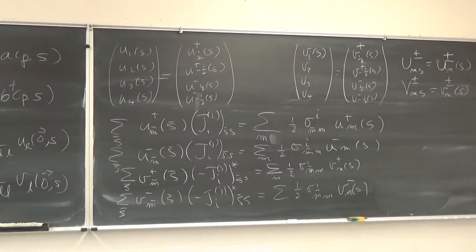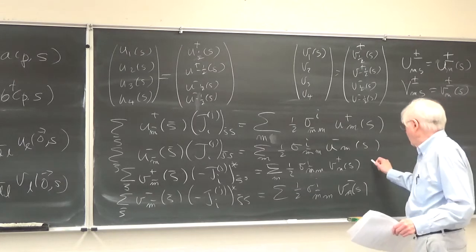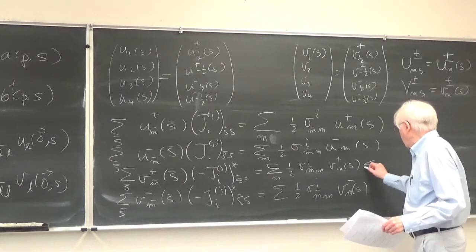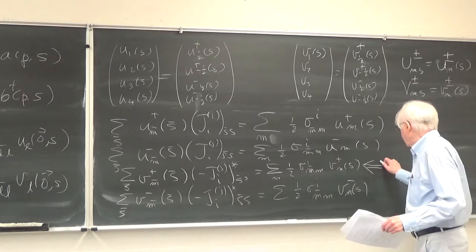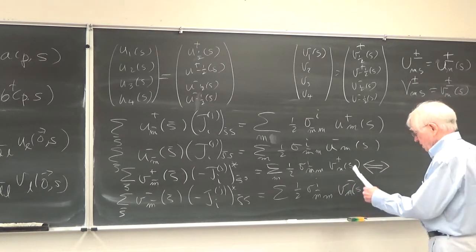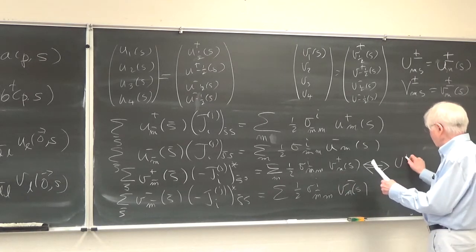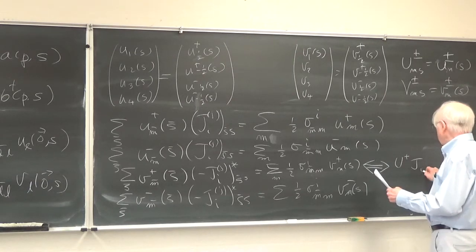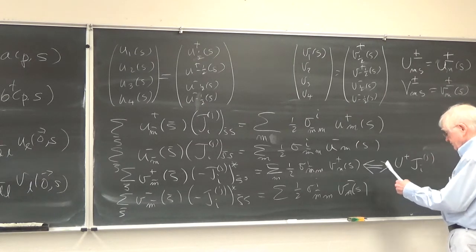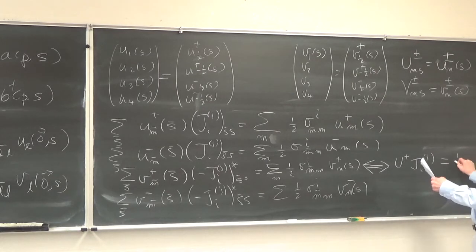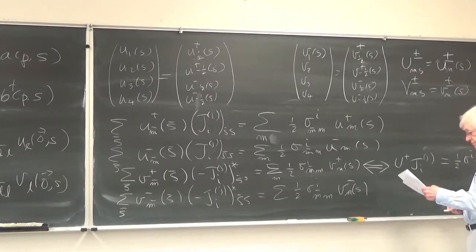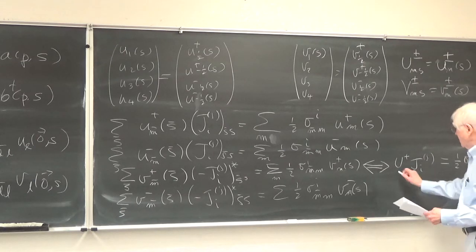So if we define those matrices, then these equations are equivalent to, in matrix notation, U plus J_i of J equals a half sigma_i U plus. Maybe I'll just write them all down.